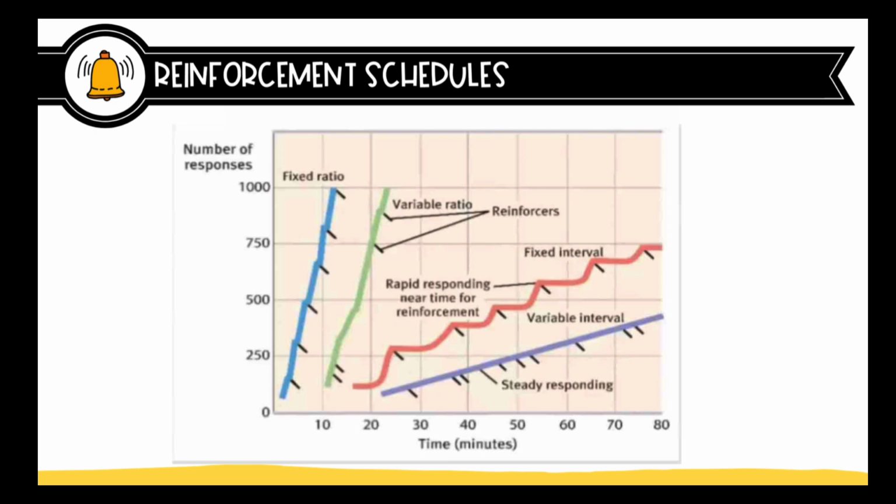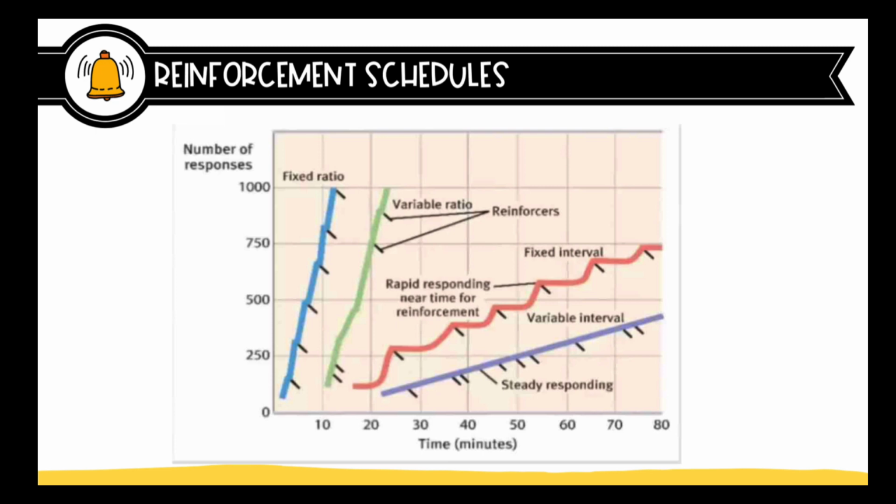So, this chart here shows you what I was talking about earlier, about each of these different schedules being either resistant or not resistant to extinction, and how quickly we learn to respond to them. Okay, so this blue line over here towards the far left, that's the fixed ratio.